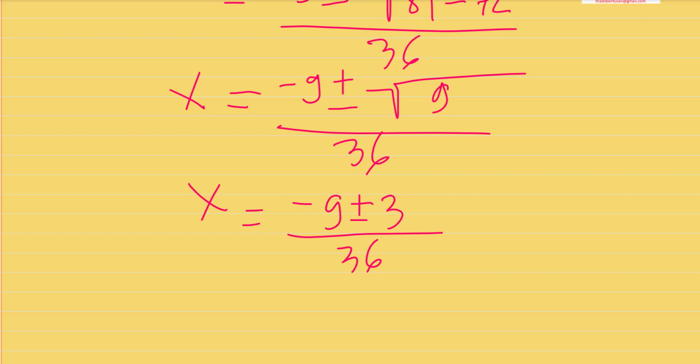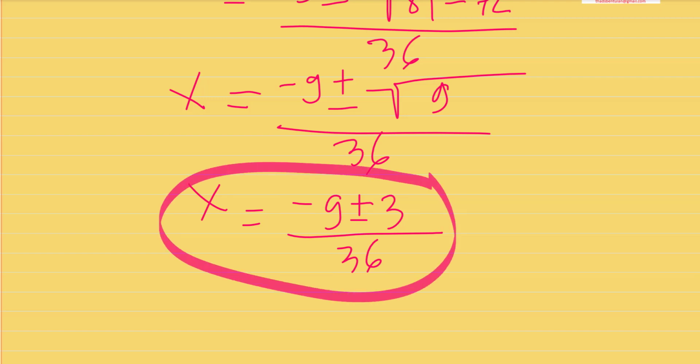So finally, this is the solution now. We'll have two solutions there. When we execute the addition here, that's x1, our first root, and when we execute the subtraction there, you'll have x2, which is our second root. Okay, let's try to simplify now.